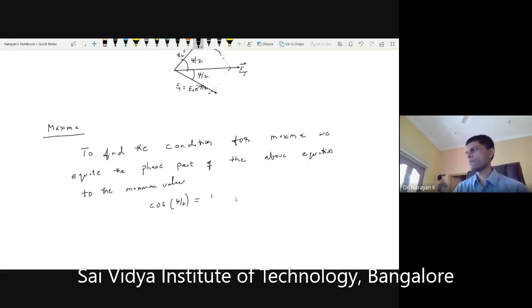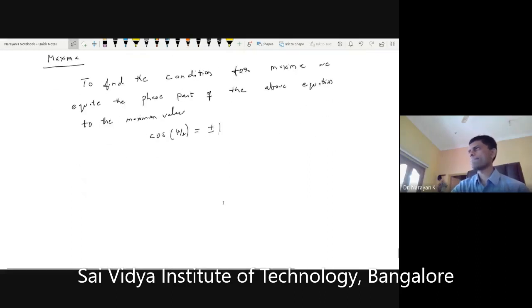I equate to the maximum value, that is 1. Cos of psi by 2 is equal to 1.